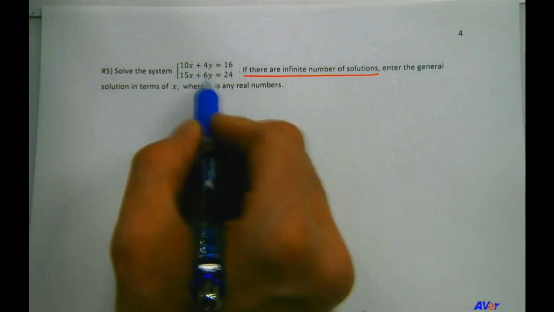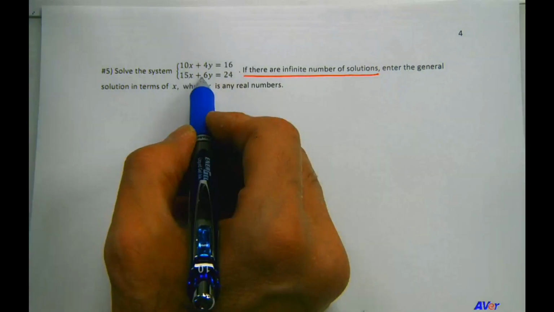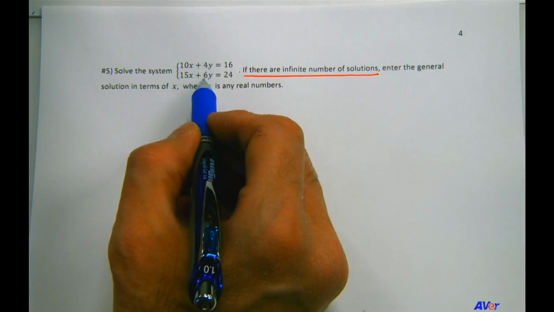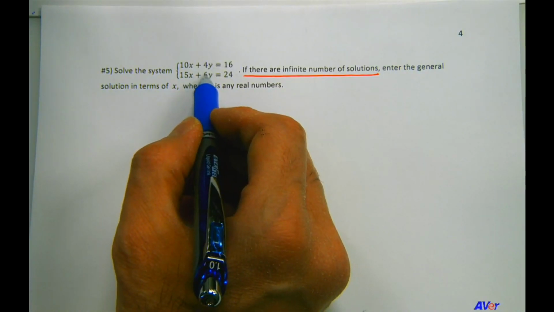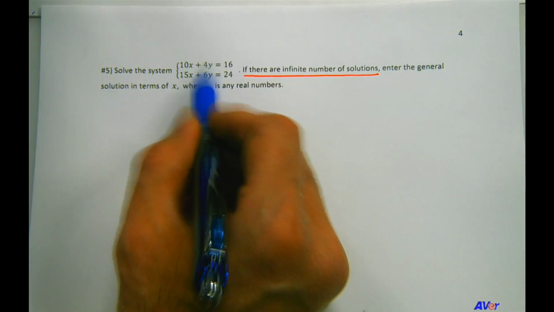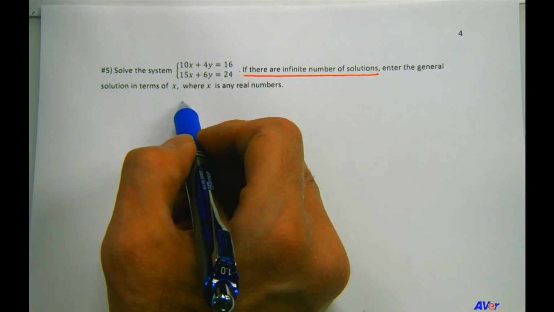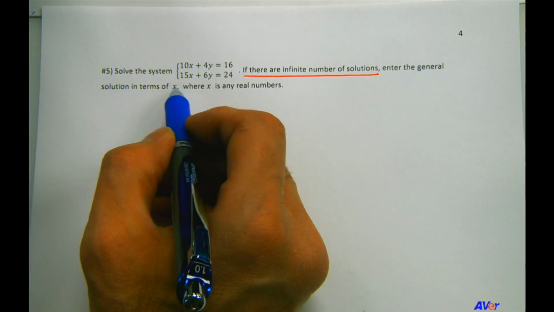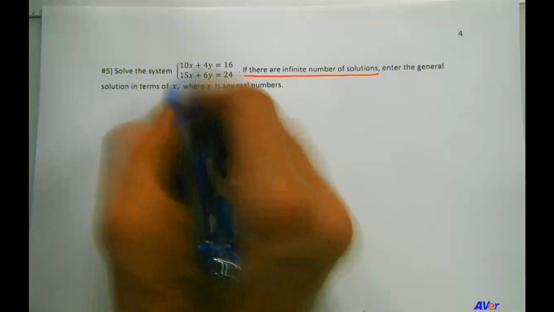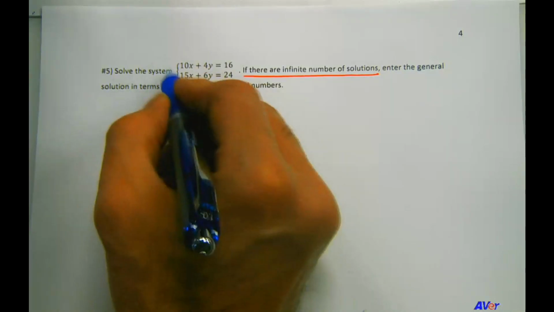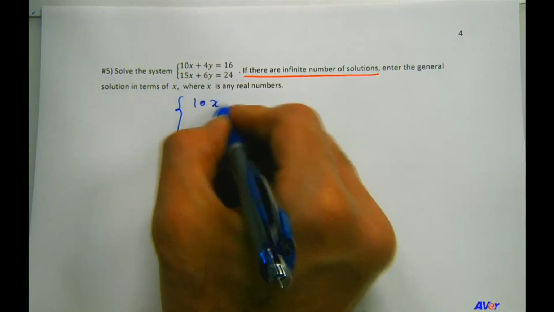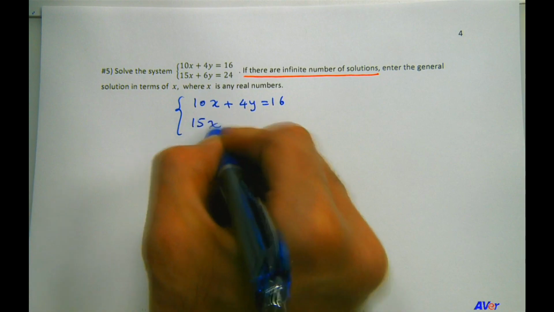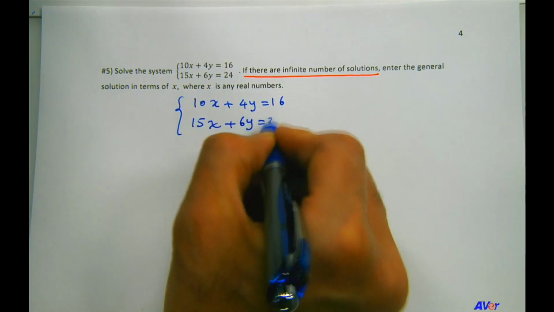Looking at these numbers, I'd rather eliminate the y variable because it has smaller coefficients, whereas with the x, the numbers are larger. Let me rewrite this here because I don't have enough room up there. So 10x plus 4y equals 16, and 15x plus 6y equals 24.